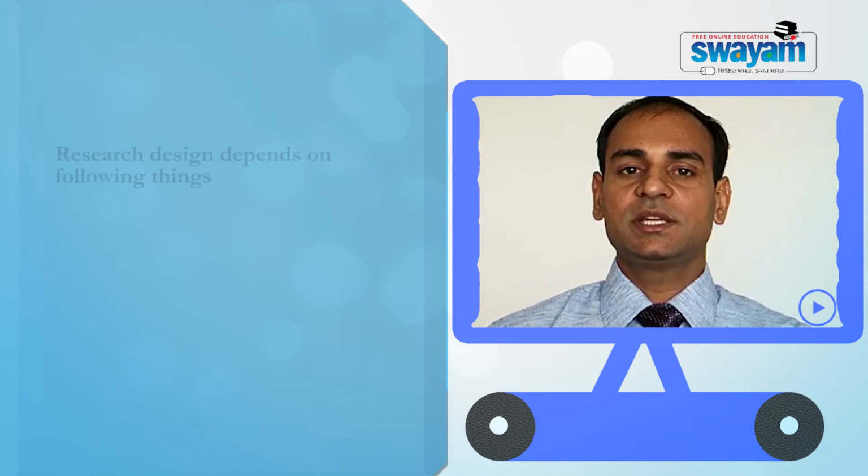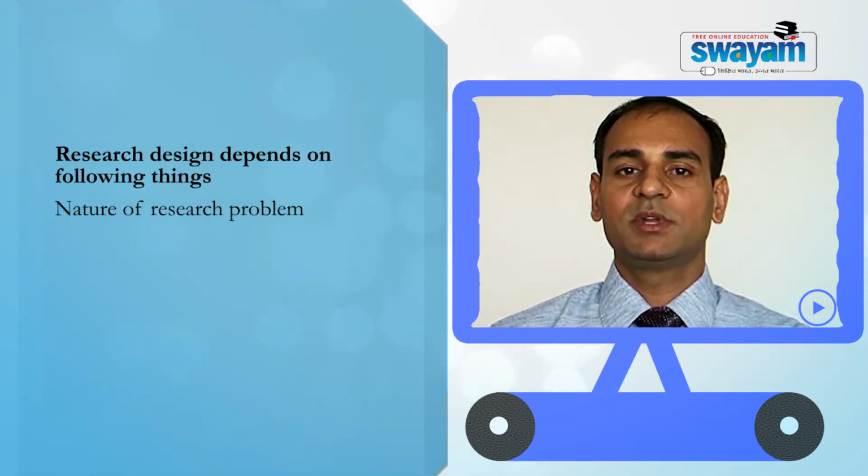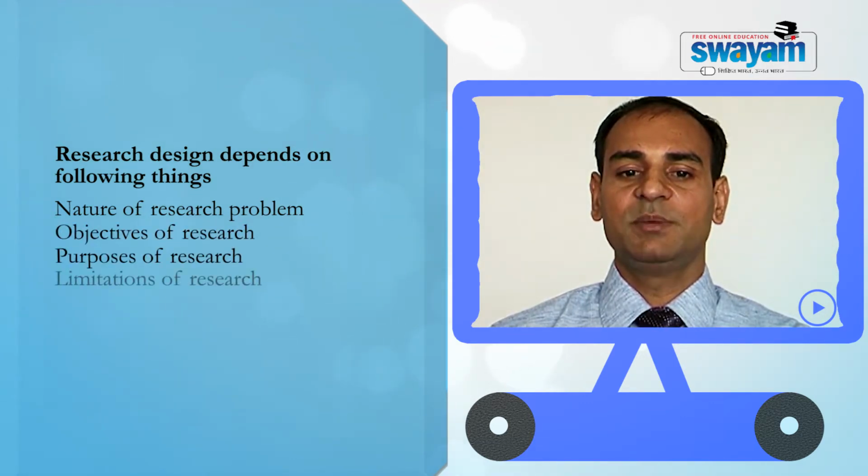Formulation of any research problem itself suggests what shall be the basic substantive next step of the researcher towards finding the research and following the procedure within the research. Basically, research design depends on the following things. First is the nature of the research problem, objectives of research, purposes of research and limitations of research.